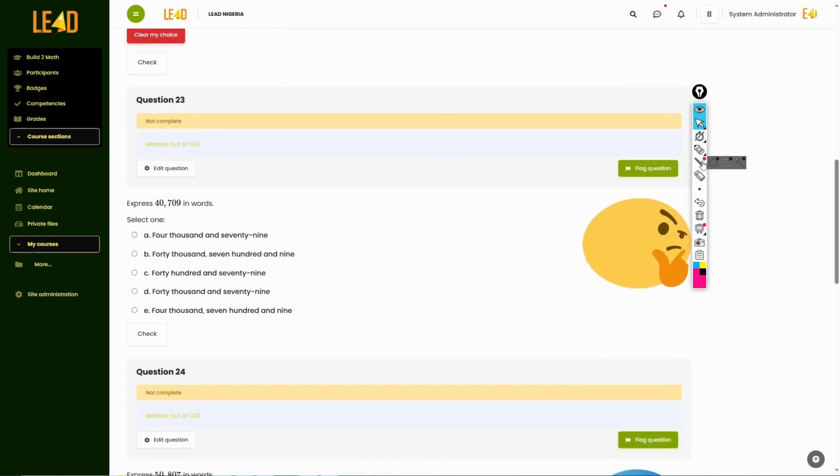Question 23 is express 40,709 in words. So this here before the comma is thousands, so it's going to be 40,000, and then what we have on the other side is 709.